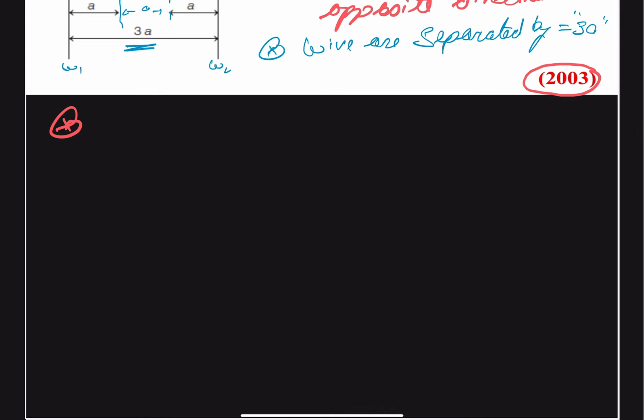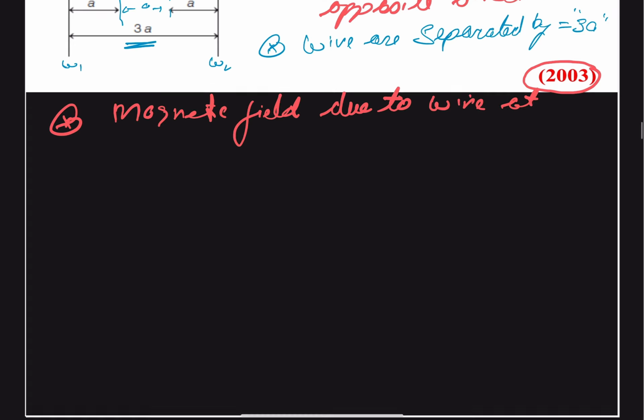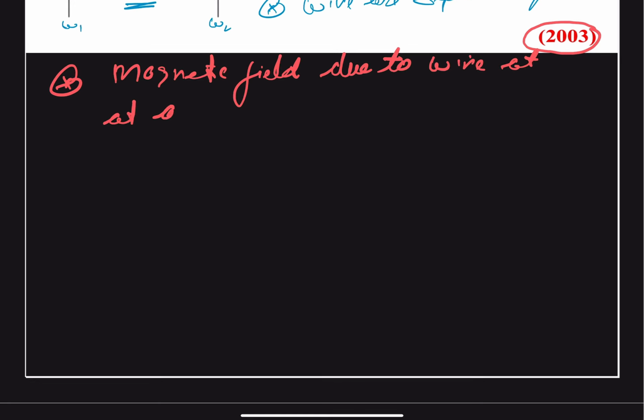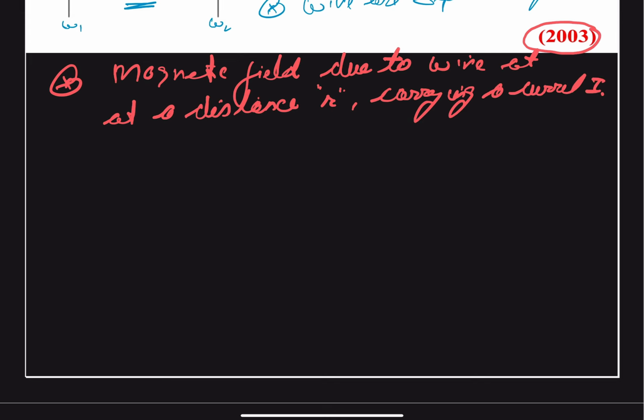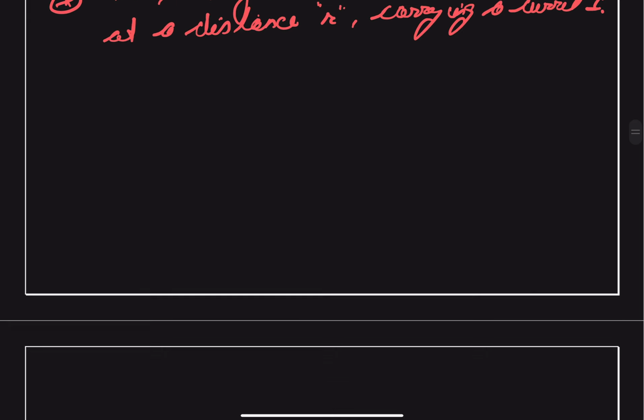So the magnetic field due to a wire at a distance r, carrying a current I, is given as B is equal to mu naught I upon 2 pi r.